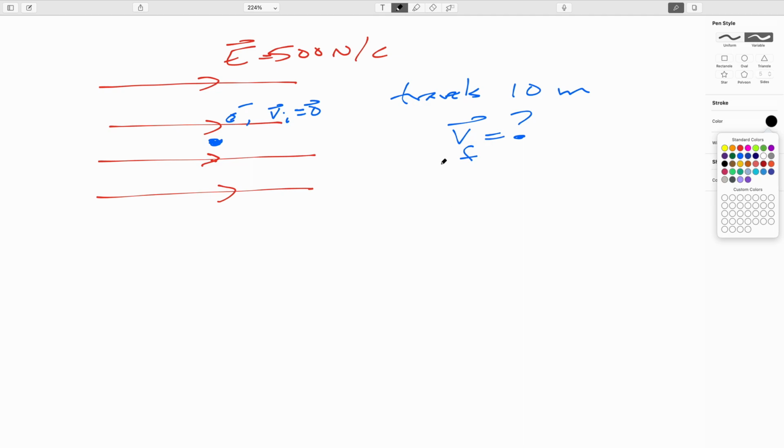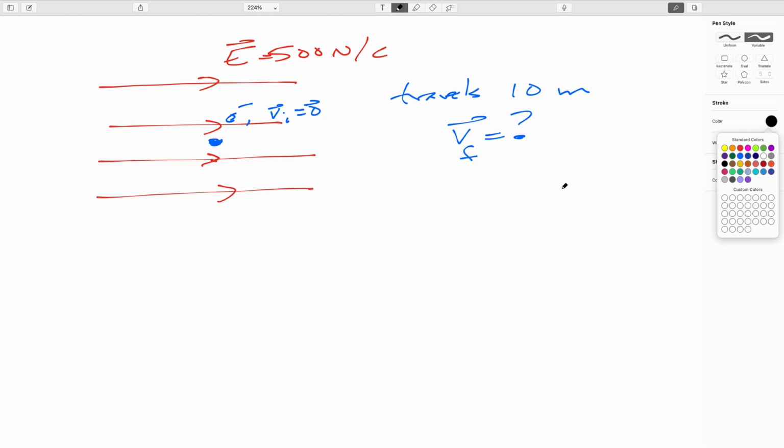Seeing this, asking for V final, being told 10 meters, seeing a V initial of 0 here, this is starting to look an awful lot like kinematics, and that makes some sense. Now, in order to do kinematics here, we don't have enough information. We need to know either the time or the acceleration in order to solve this problem.